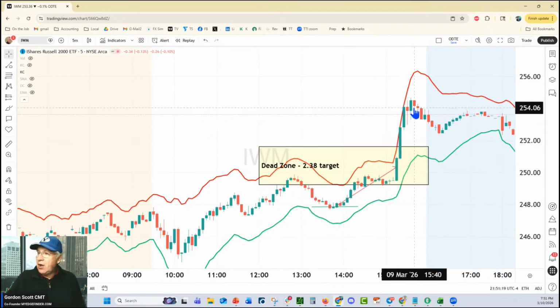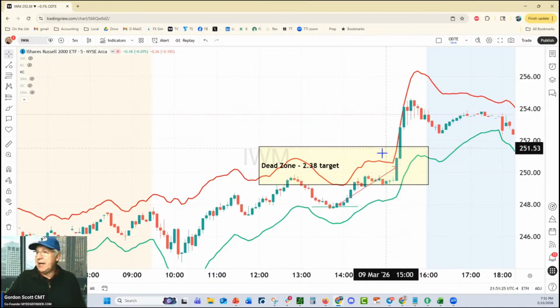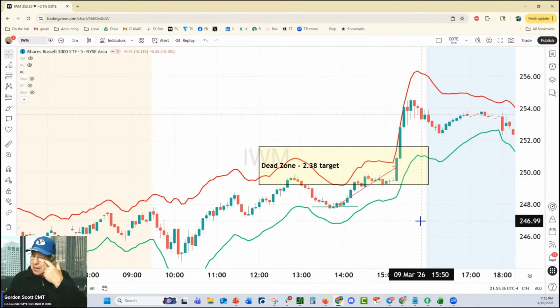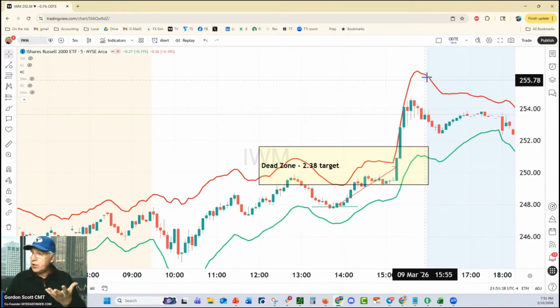Now, I did not hold on all the way to the top because I could have probably made a couple thousand more. But once I hit this $2.38 target, then I start trying to figure out where I should take the profits, where I should just get out of the trade rather than wait till the end. Yeah, sure, it could keep going up.